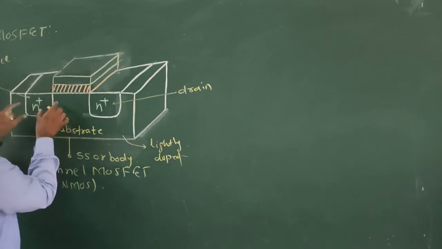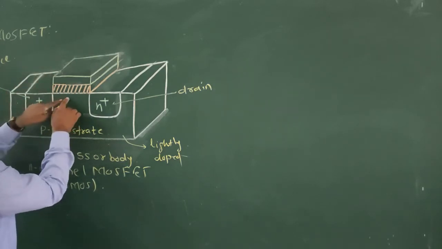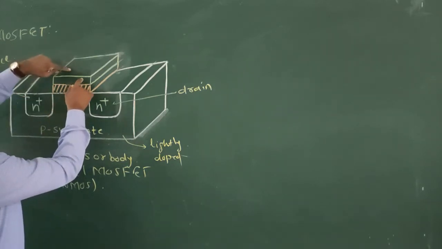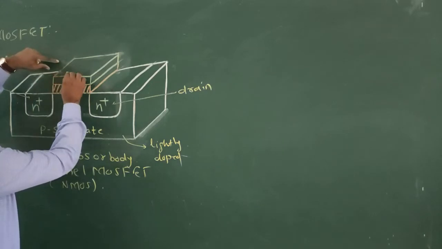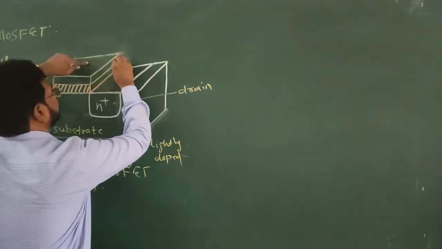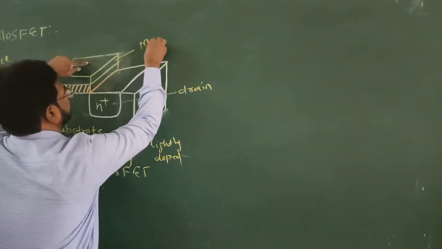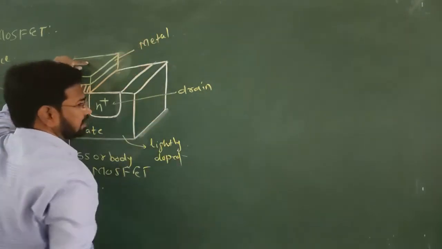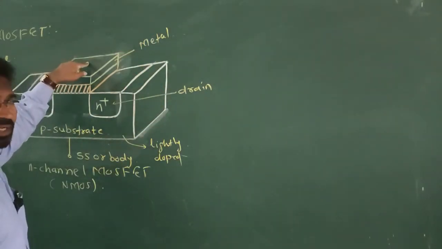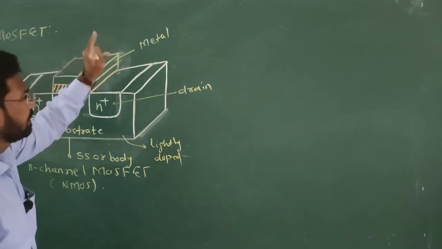Now, see below this, exactly above the substrate, this portion is polysilicon material and it is simply a metal. Do not call it heavily doped polysilicon, just remember it is a metal.